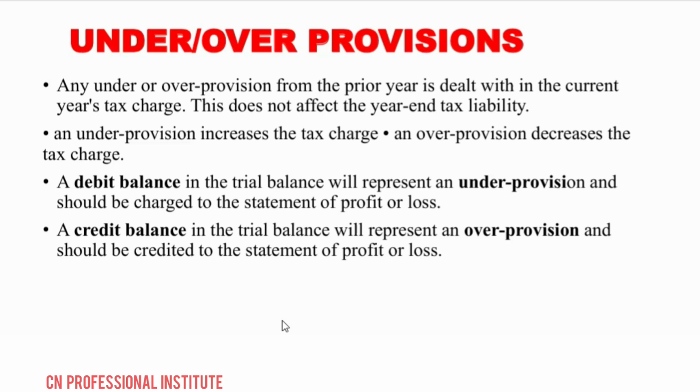So with under provision, you add it to the current year tax, because in the previous year you couldn't fully provide for your tax expense. Let me use the word pay so that you get it. You made provision for only 40, and the tax authorities are saying your tax liability, or your tax payable, is 50.